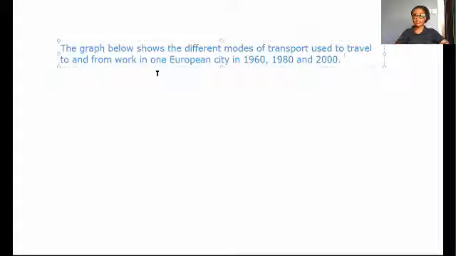This is the description that we've been looking at. The graph below shows the different modes of transport used to travel to and from work in one European city in 1960, 1980, and 2000.